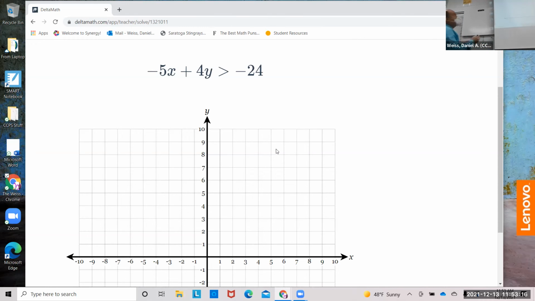I got -5x plus 4y greater than -24. What am I going to do to both sides first? Add 5x. I get 4y greater than 5x minus 24, and then I'm going to divide by 4.